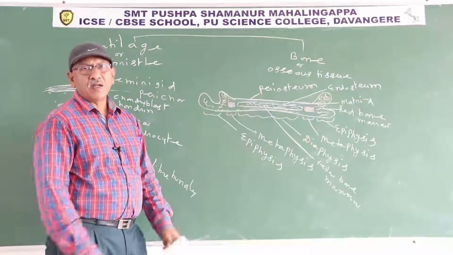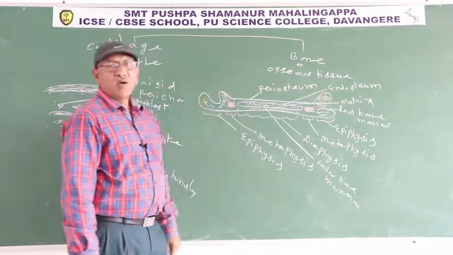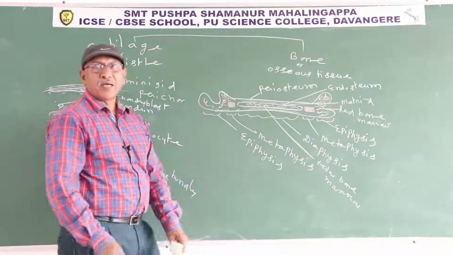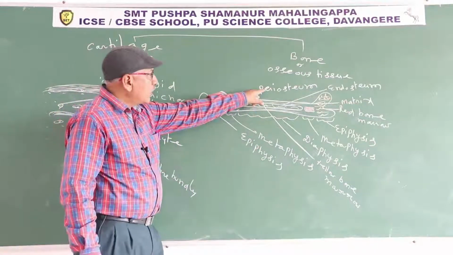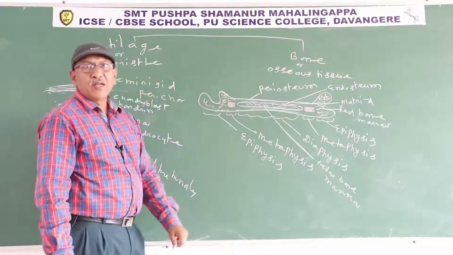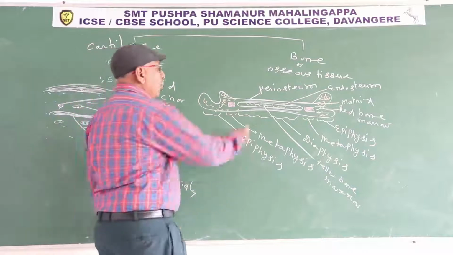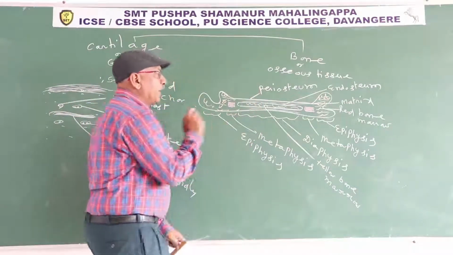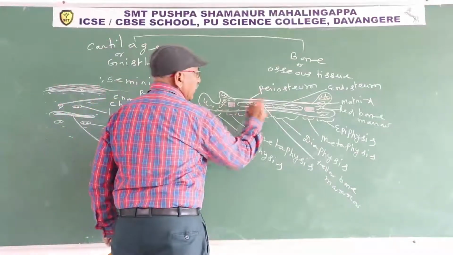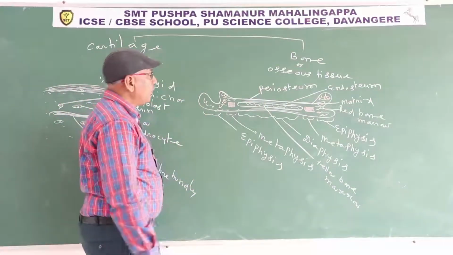Rigid means hard. Another name of bone, osseous tissue. Bone has two connective tissue membranes. The outer connective tissue membrane is periosteum. The inner connective tissue membrane is known as endosteum. Matrix is present between periosteum and endosteum.